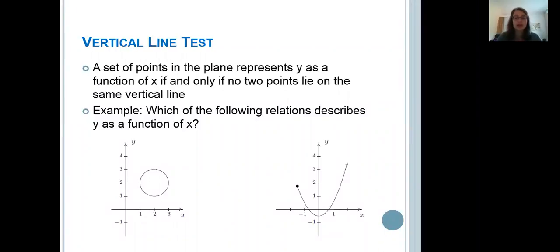So, a set of points in the plane, which is what a graph is, right, represents y as a function of x if, and only if, that's a mathematical way of saying that, yeah, this is a definition, okay? No 2 points lie on the same vertical line.